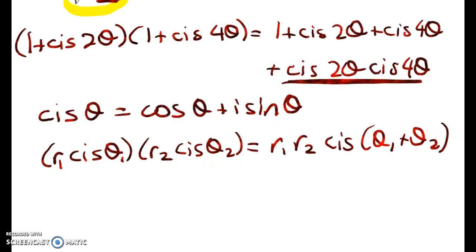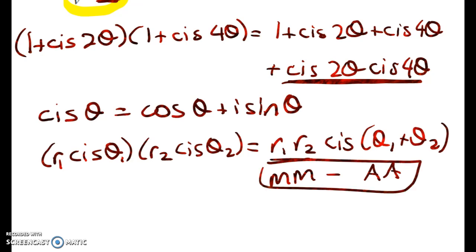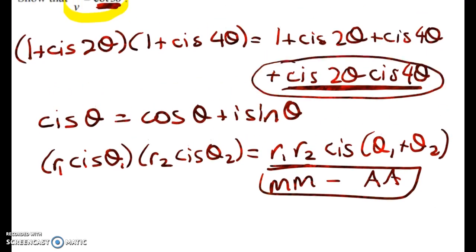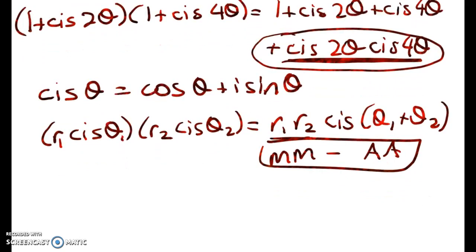In other words, when we multiply two numbers that are in polar form, it's really easy. We just multiply the moduli and we add the arguments. And I thought of this stupid acronym that we thought of in our class last year. So that's going to simplify this part here as follows.